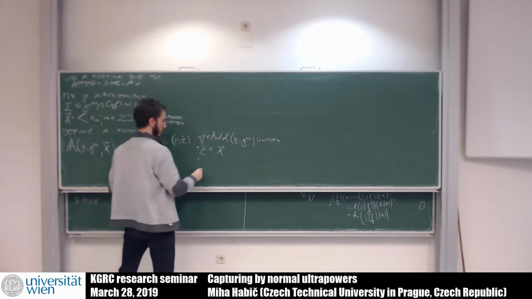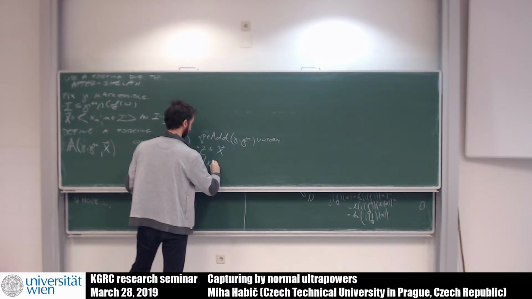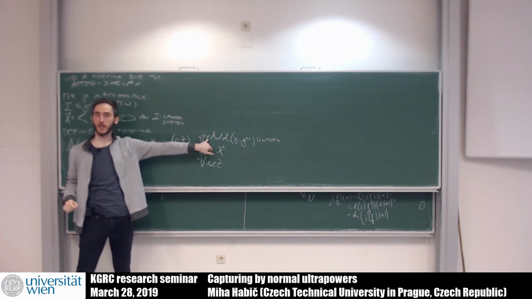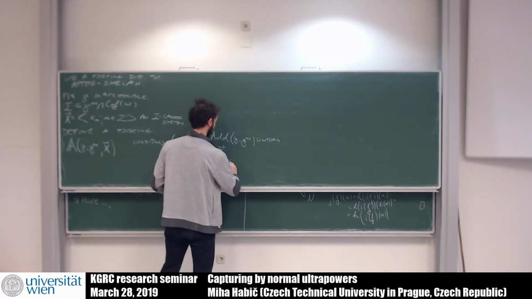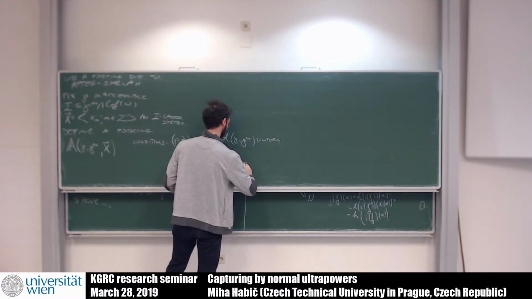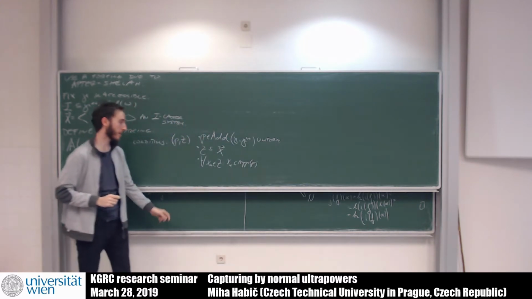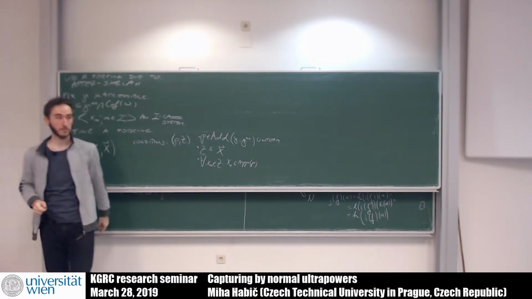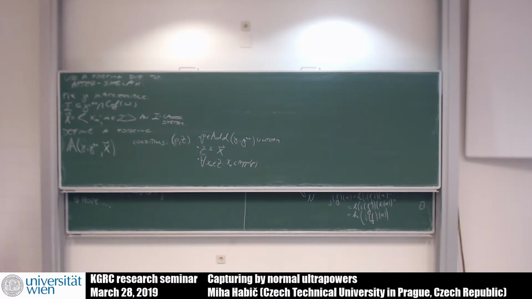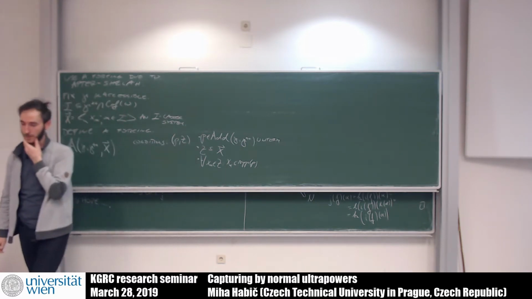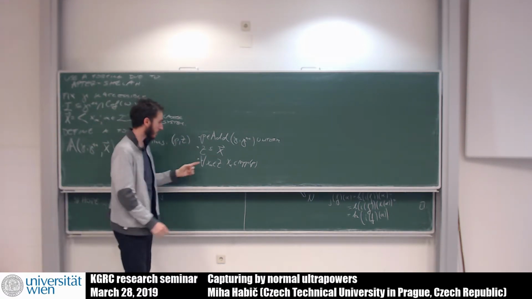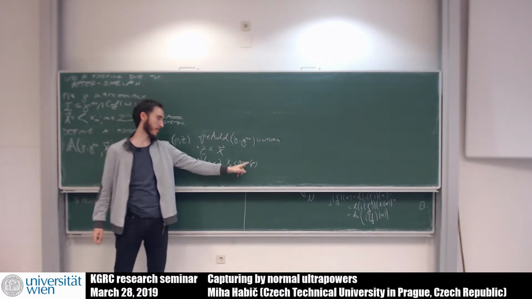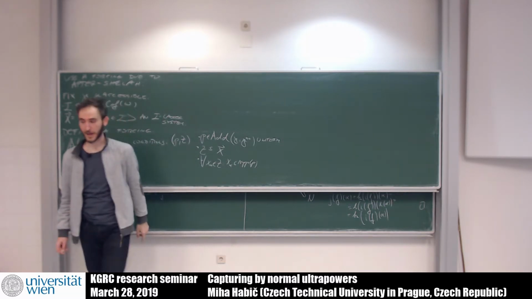And I want to insist that for every ladder in Z, I'm only allowed to pick ladders that live in the support of my working part. So X alpha should be a subset of the support of P. So I'm only allowed to pick ladders above which my working part already says something. Supports of size less than gamma, yes. I didn't explicitly put any bounds on the size of Z, but it follows from this that it has size less than gamma.